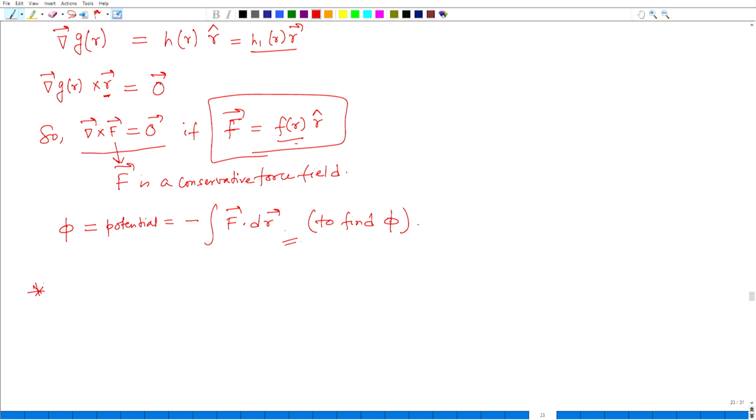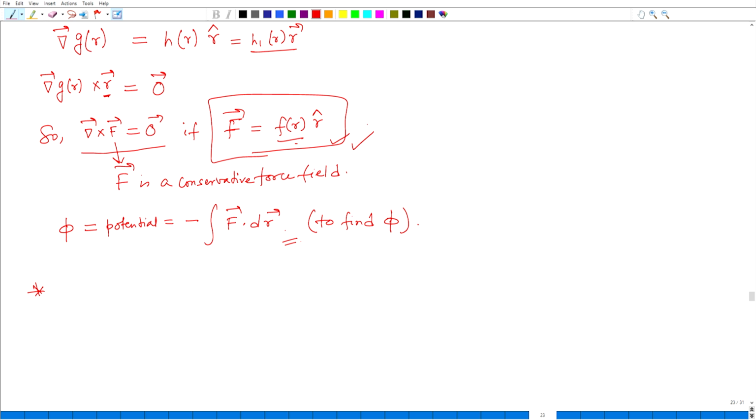You will again ask why we are talking about all these things about this type of force. It is because in nature all the fundamental forces are of this nature.